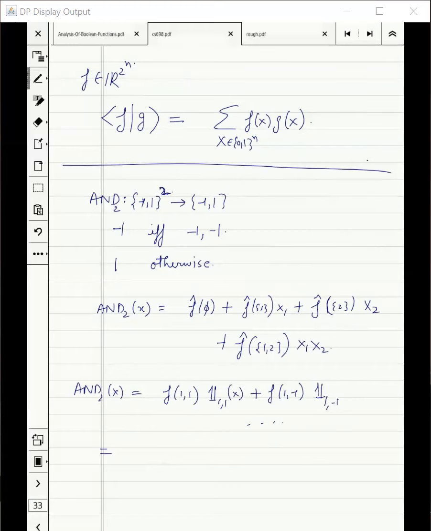1, 1. Right? That means indicator of (1, 1) of x plus indicator of (1, -1) of x plus indicator of (-1, 1) of x minus indicator of (-1, -1) of x. Agreed? I'm just putting the value of f, AND of 1, 1, AND of 1, -1. Now let's write the indicator function.